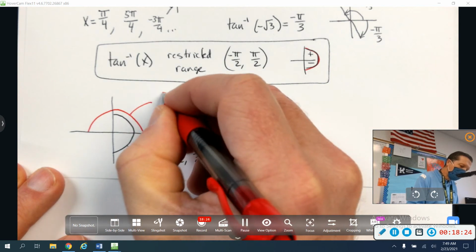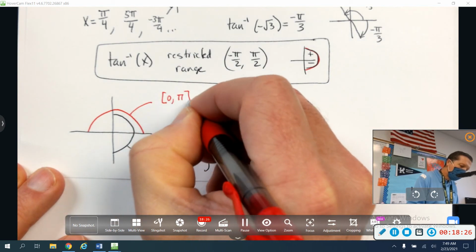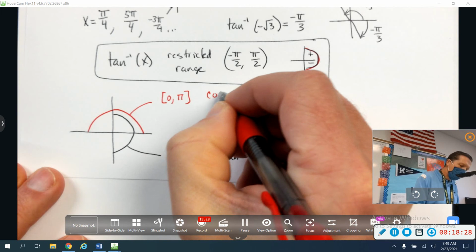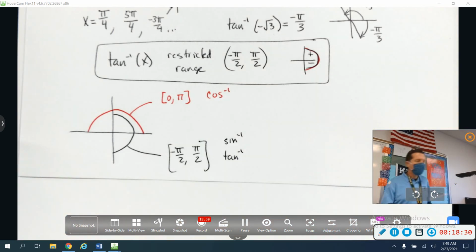And from 0 to pi is inverse cosine. And then there's still 3 more trig functions. Right? Those are just the main 3.